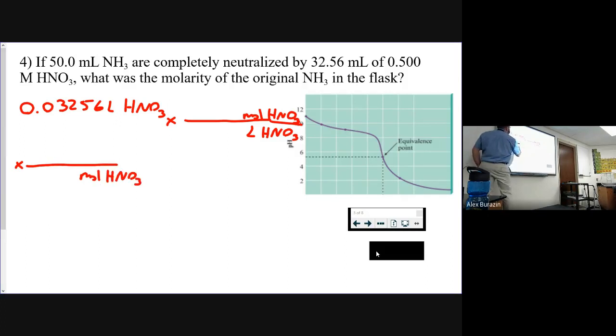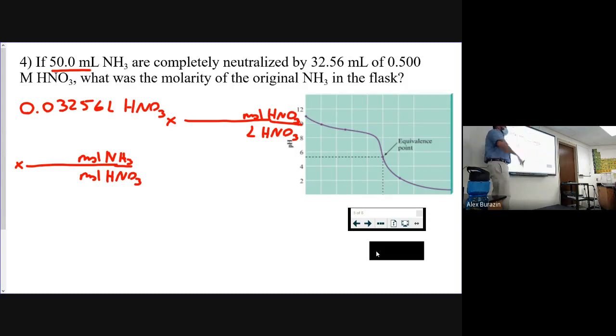And my base this time is ammonia. And then I want to end up with molarity, right? So I think I'm done. If I stop right here, I get moles of base. If I look back in the problem, they give me volume of base. Now it's milliliters, so we got to convert that to liters. But we can solve for molarity.